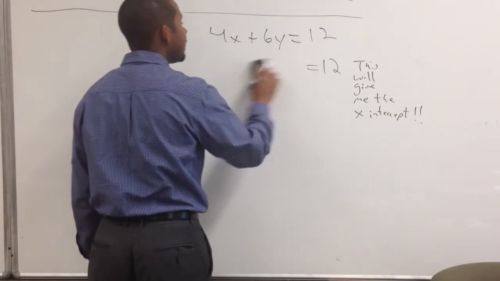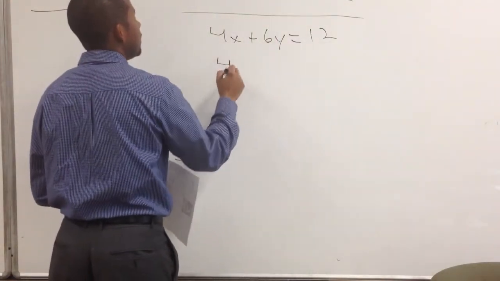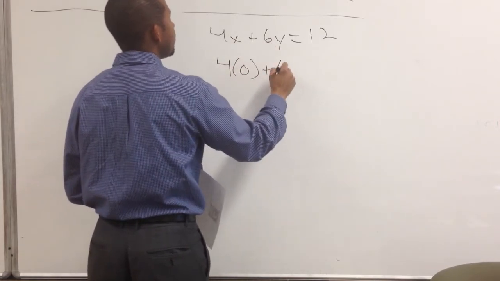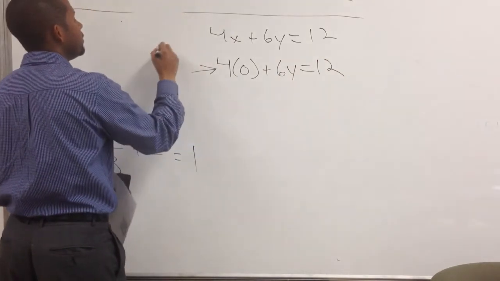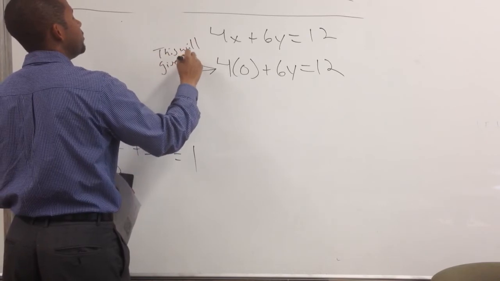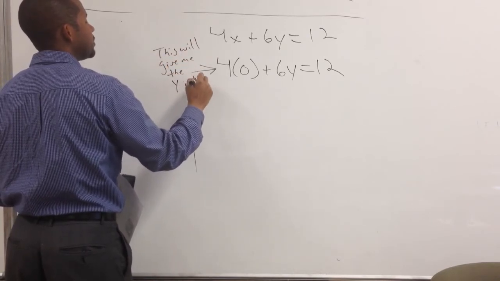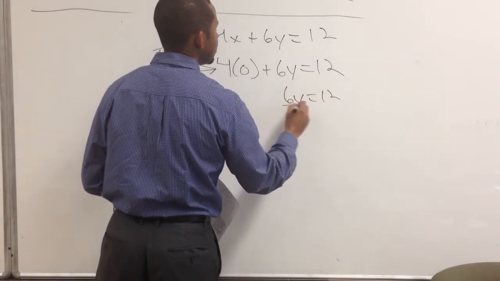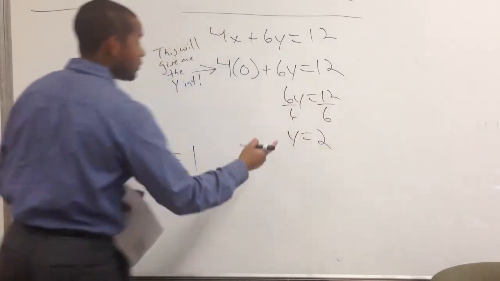Now let me find the y-intercept. If I want to find the y-intercept, I plug in 0 for x. This will give me the y-intercept. 4 times 0 is 0. I end up with 6y equals 12. Divide by 6. Y equals 2.